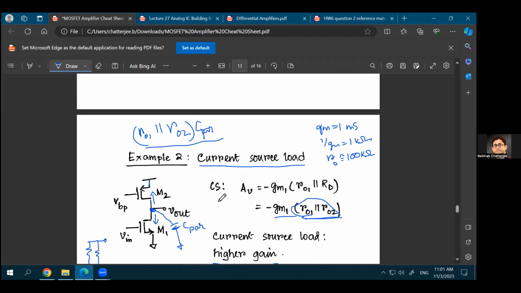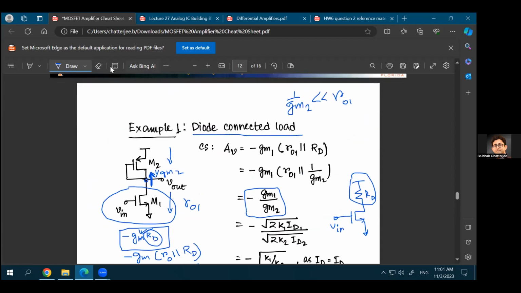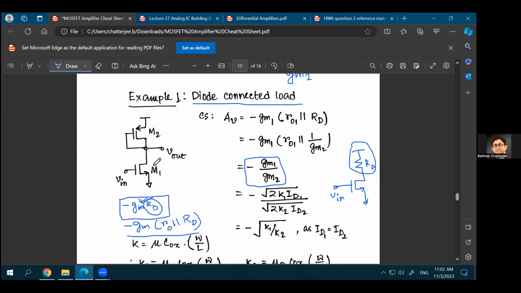On the other hand, think about the diode connected load. There, you had the same scenario. Let me remove this first. In that case, again, you have a C parasitics over here. Now, this C parasitic could be different from the other circuit because the sizes of the MOSFETs could be different.